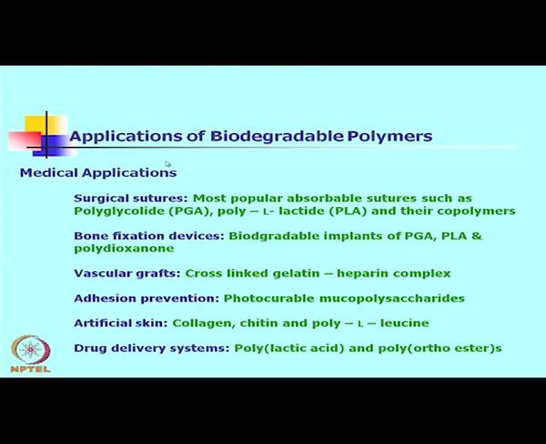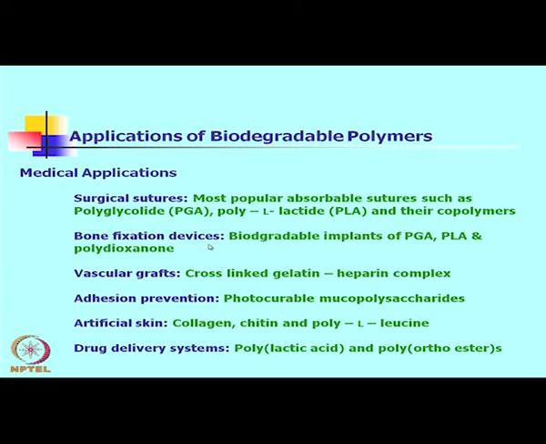And for the application of biodegradable polymers, we can mention surgical sutures. The most popular absorbable sutures are polyglycolide PGA, poly L-lactide PLA and their copolymers. These are very good bioabsorbable sutures.